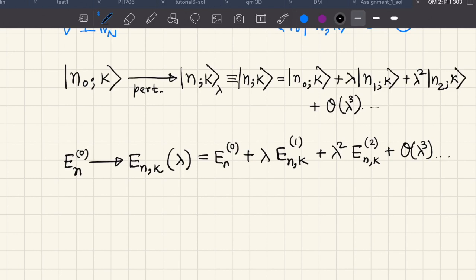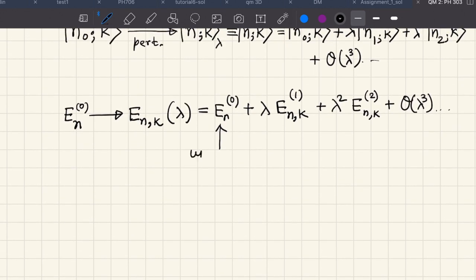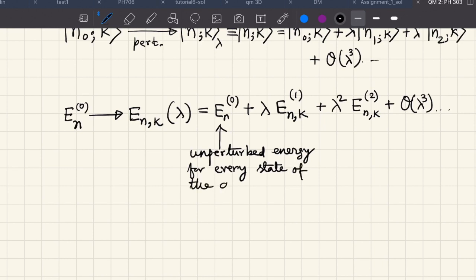Now this was the energy for every state of the degenerate subspace. To start with, this was the unperturbed energy for every state of the degenerate subspace.